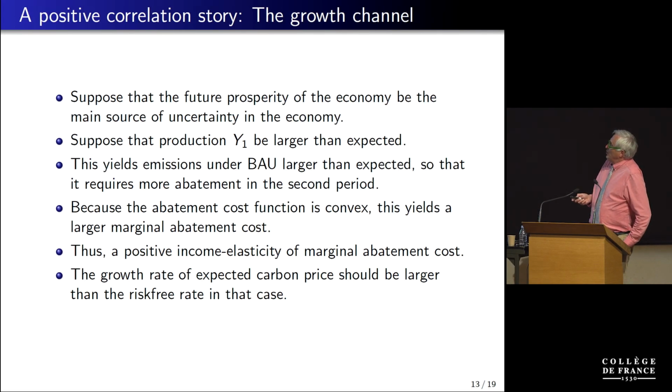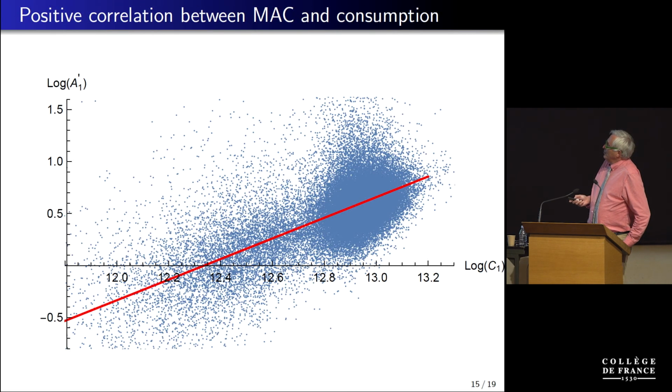So the outcome of this calibration, well, here is the Monte Carlo simulation. Some of the points of my Monte Carlo simulation, you see a positive correlation between the observed future aggregate consumption and the marginal abatement cost, A prime.